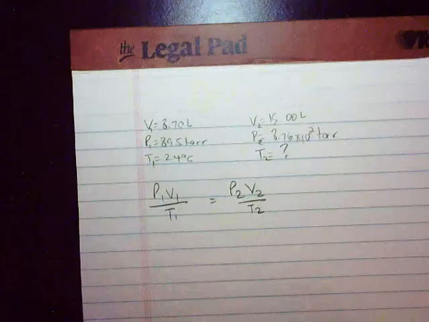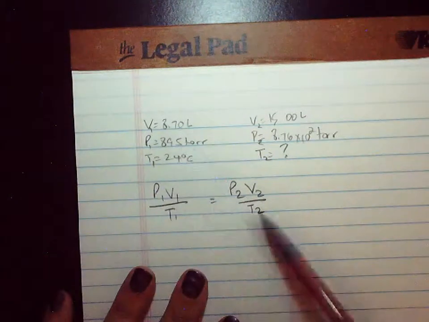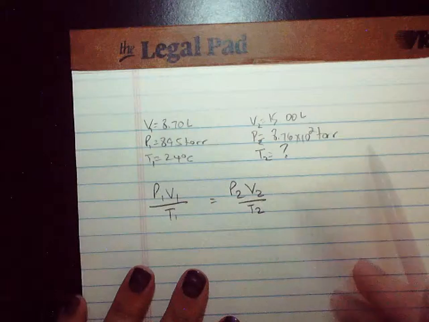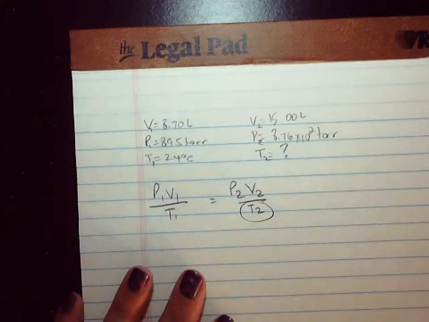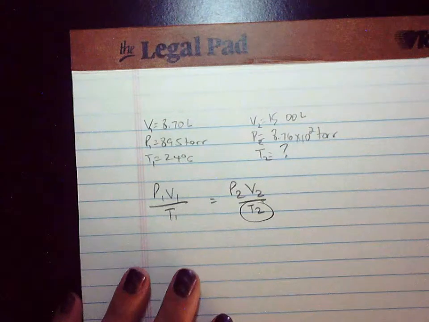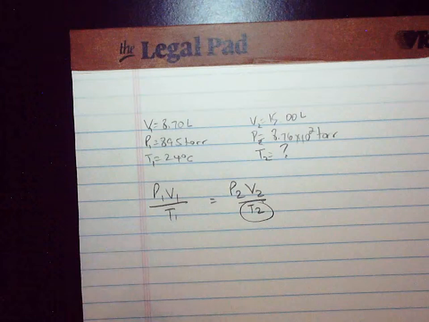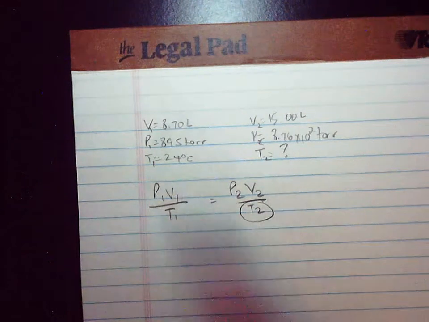All right. Here's the deal, though. Before I put numbers in here, I'm going to first start by isolating the variable that I don't have. All right? Well, how would you get T2 by itself? Well, how do you undo this mess of fractions?